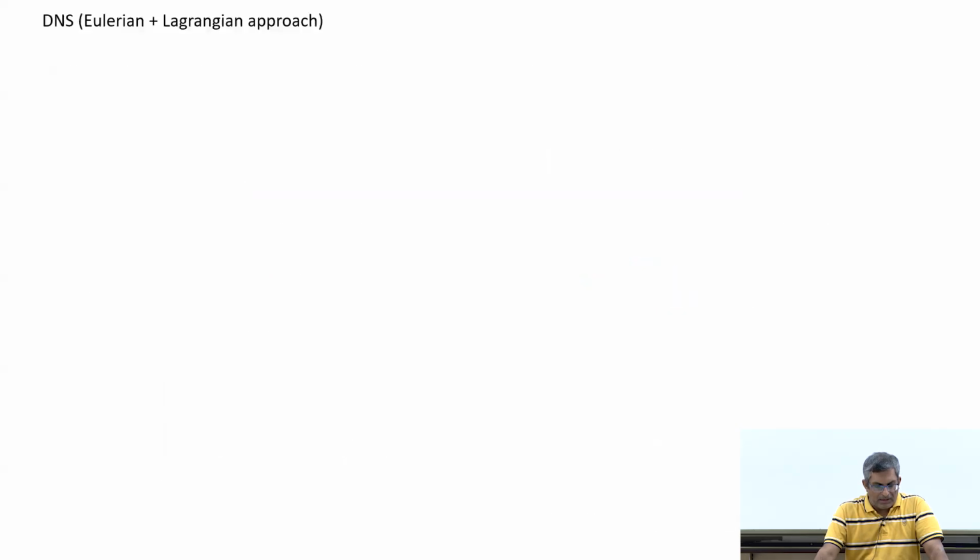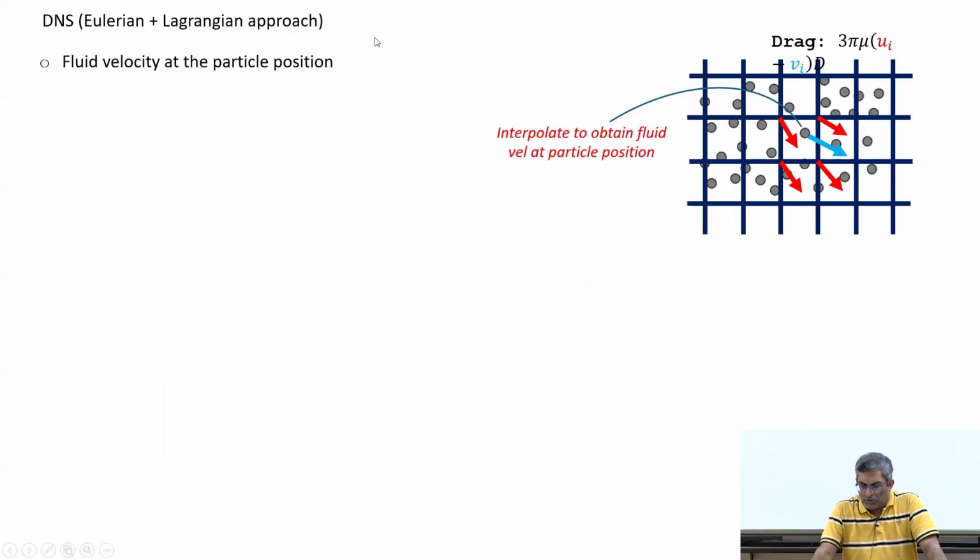Now, let us look at this more carefully. When we say fluid velocity at the particle position, what do we mean? Again, let us say there is a grid around the particles, and the grid size is smaller than the Kolmogorov scale, because this is DNS.